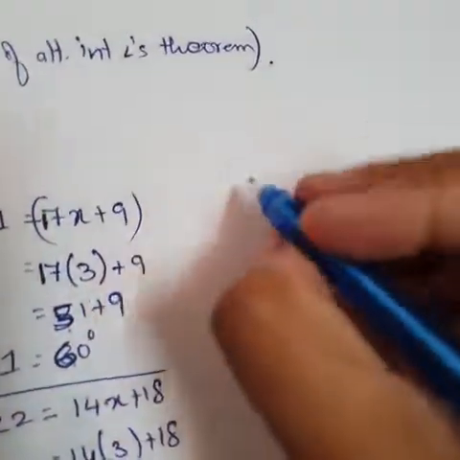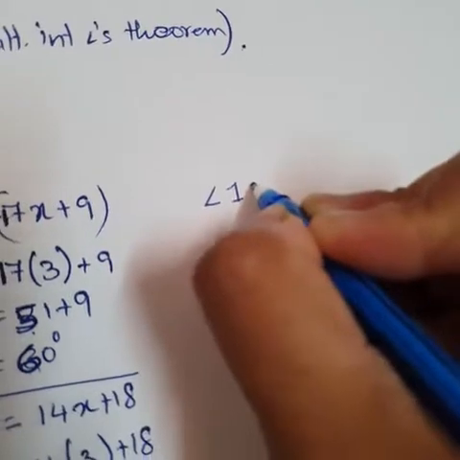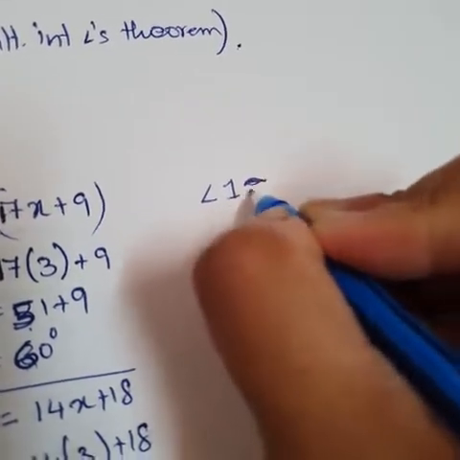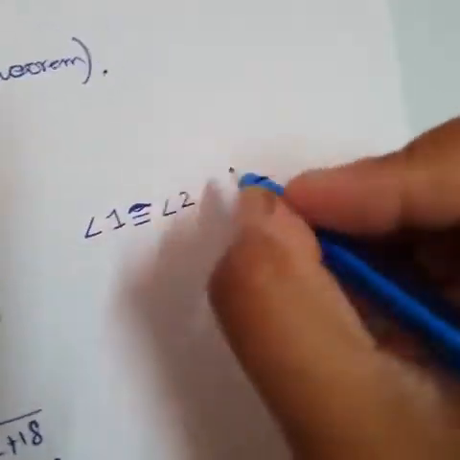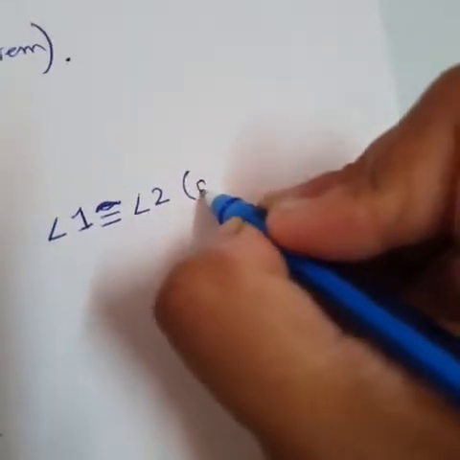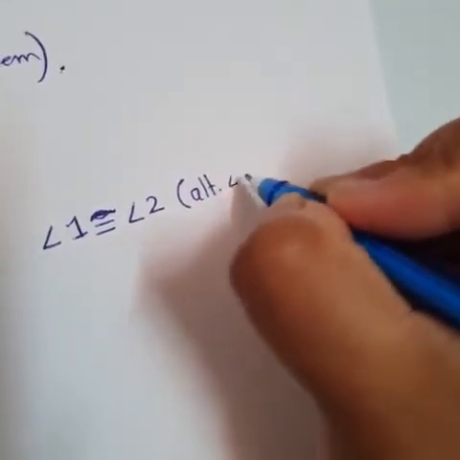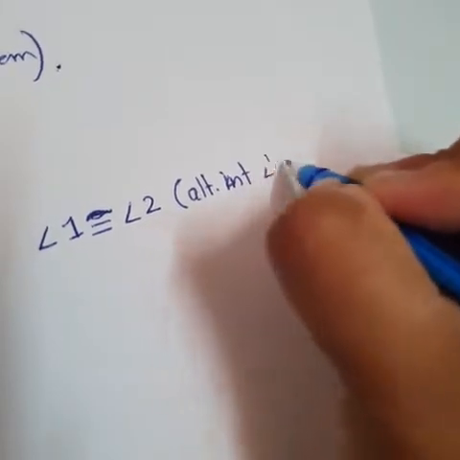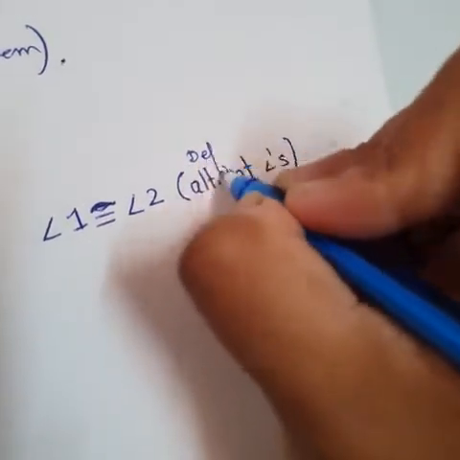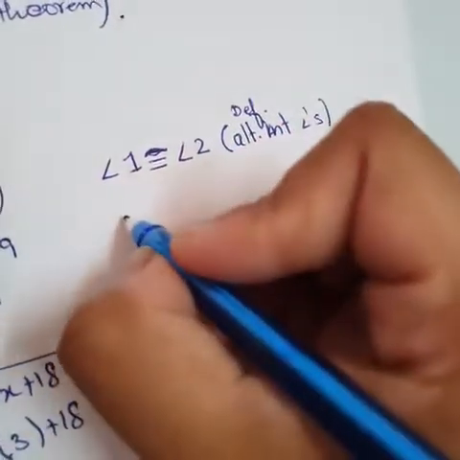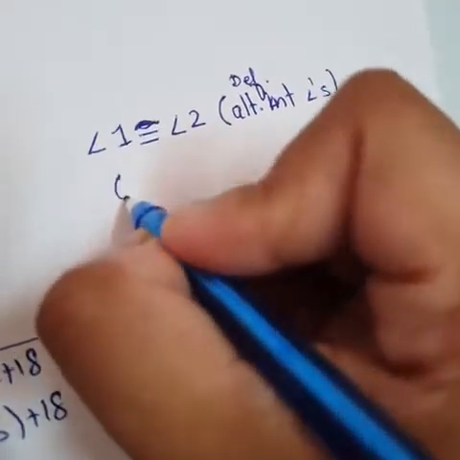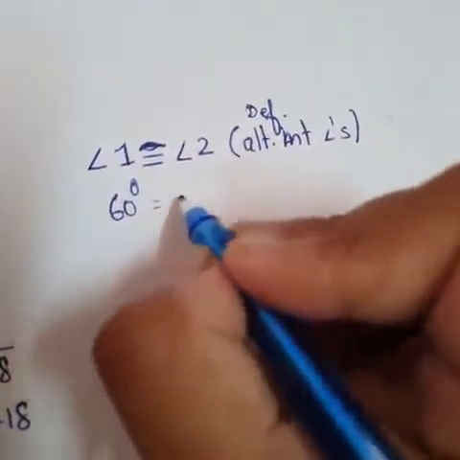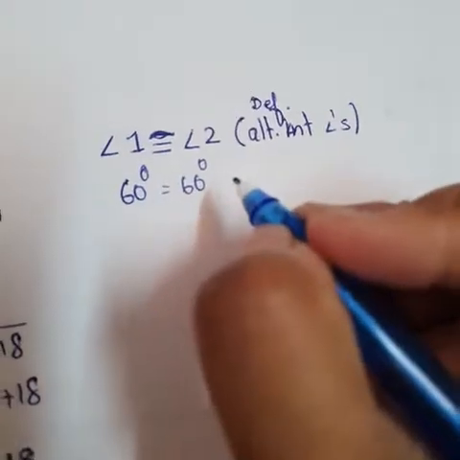So how are you going to prove it? First say that angle 1 is congruent to angle 2 because they are alternate interior angles, by the definition of alternate interior angles. Now how much is angle 1? It is 60 degrees, which is equal to again 60 degrees, right?